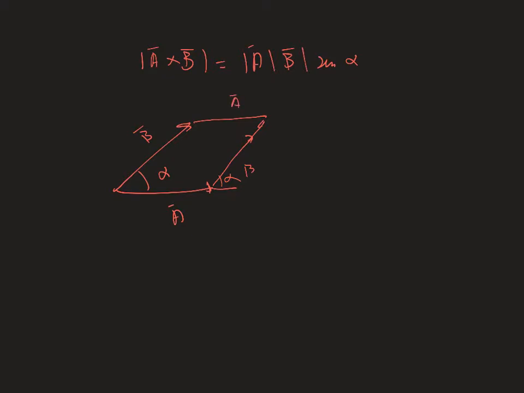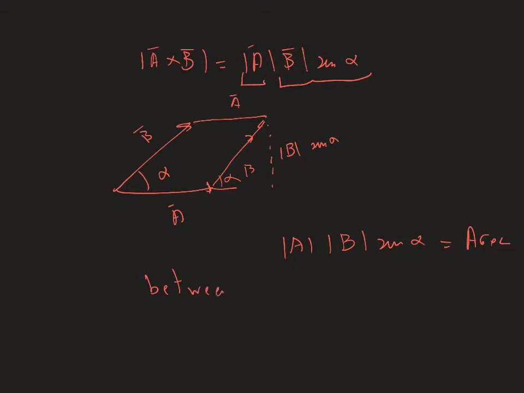And what is A by B sine of alpha? Well, B sine of alpha is this length. The magnitude of B times sine of alpha is this. And what is the magnitude of A by the magnitude of B by sine of alpha? The area between A and B is this area.